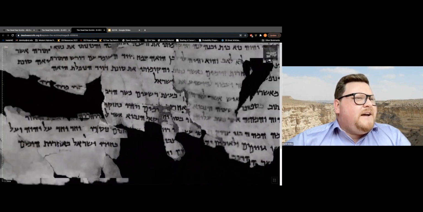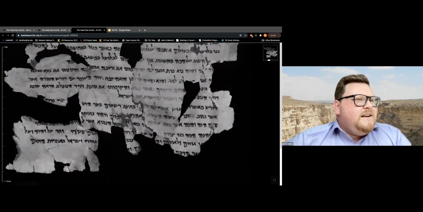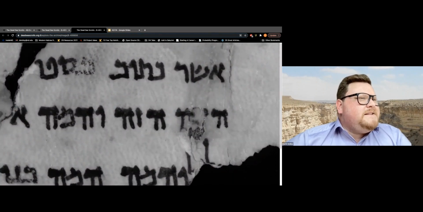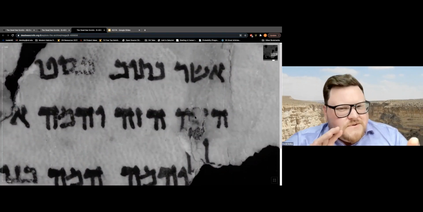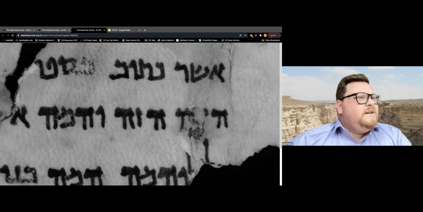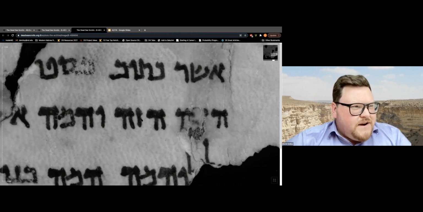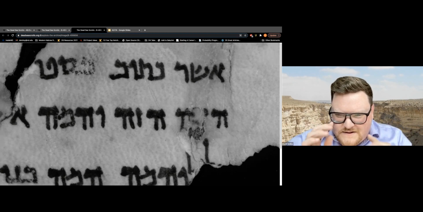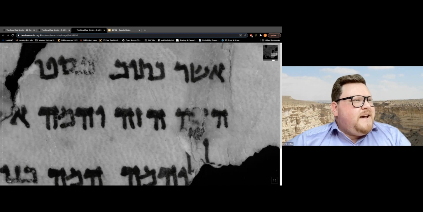We'll scroll out. This was our previous line, and here's the line we're at now. The line starts with the hey, some sort of fuzzy letter. We're not sure. Another hey, and we know these are heys because they have the strong top compared to the chets, which have that boxy top that's closed off. And then we have hey. We said this was zayin. We saw that earlier, and another hey.